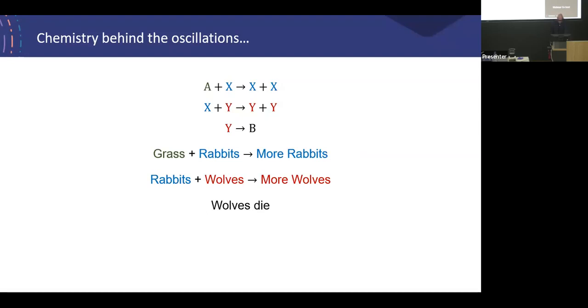Because of the increased rabbit population, the second reaction starts to speed up. The second reaction says that the wolf eats the rabbits and produces more wolves. And so the wolf population is going to increase and the rabbit population will drop.